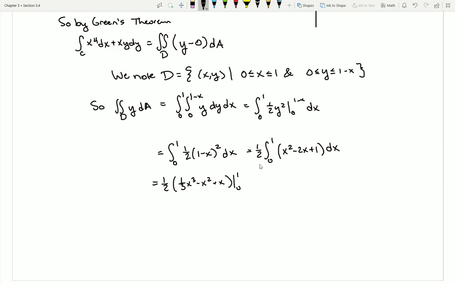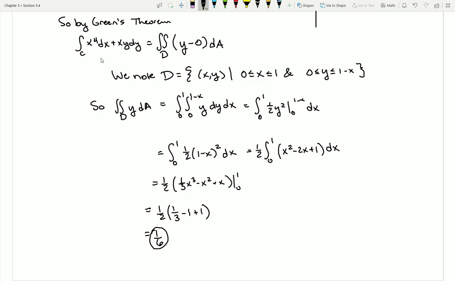Of course, the 0 part's easy, so this is just going to be 1/2, then I'm going to have 1/3 minus 1 plus 1. So of course that minus 1 plus 1 cancel out, and I'm left with 1/6. So the value of the original work integral is 1/6.